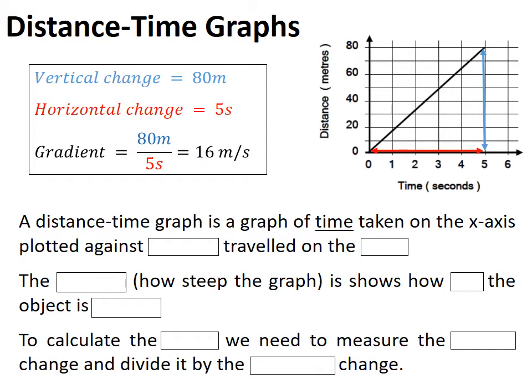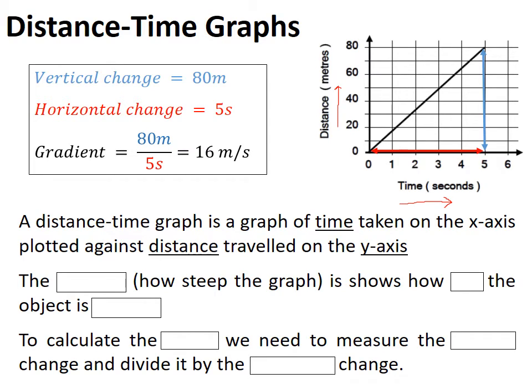So the y-axis is the vertical axis up here. That's got distances on it. And on the x-axis, the horizontal axis, you can see we've got time in seconds. So a distance time graph has distance on the y-axis and time on the x-axis.